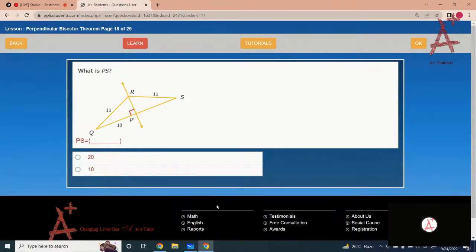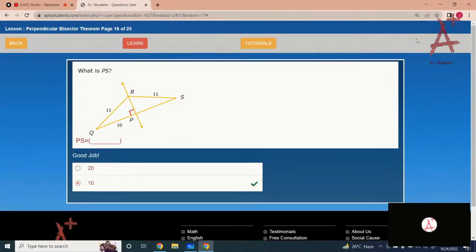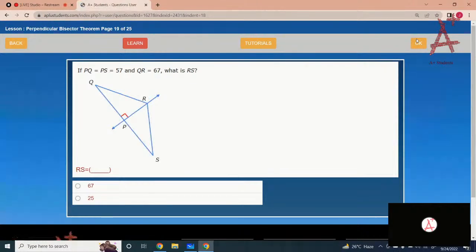It is 10. Good. If PQ equals PX equals 57 and QR is 67, what is RS? Is it 67 or is it 25? Yes, it is 67. Got it.